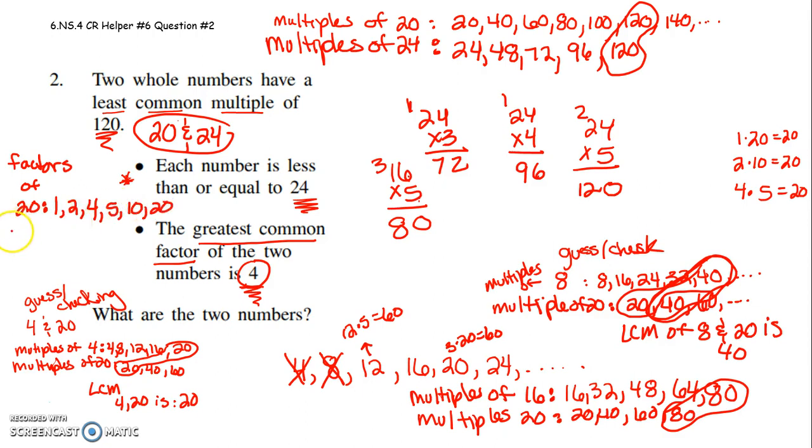Now let's check the factors of 24 and make sure the greatest common factor is 4. That would be 1 and 24, 2 and 12, 3 and 8, 4 and 6. Sorry about this. Lot of writing.